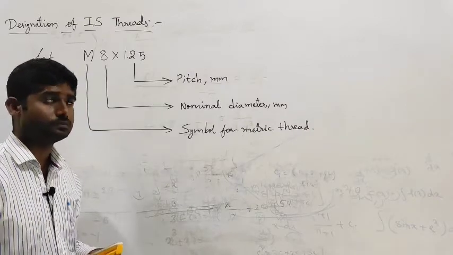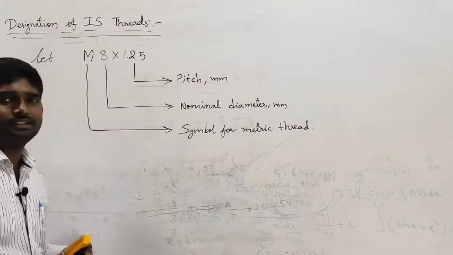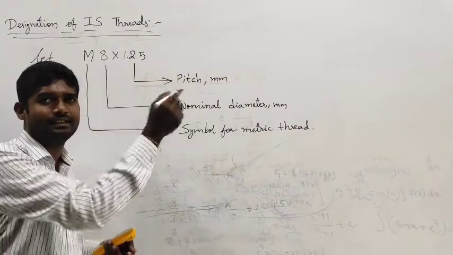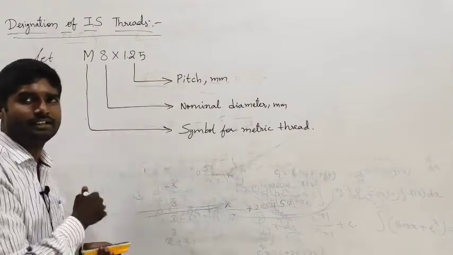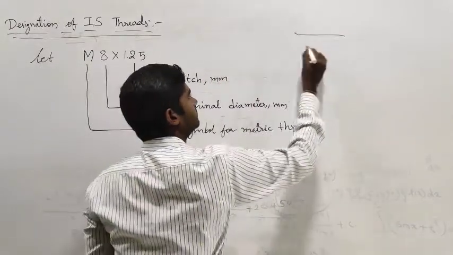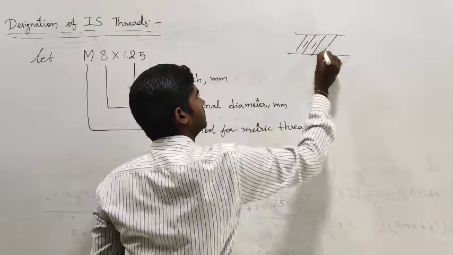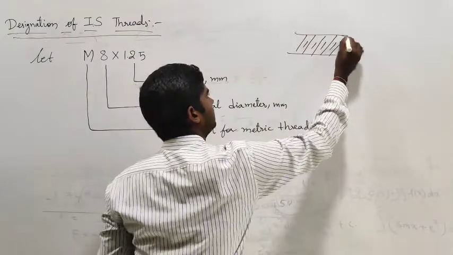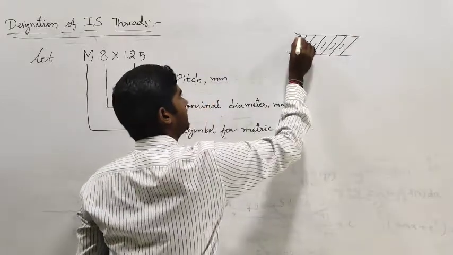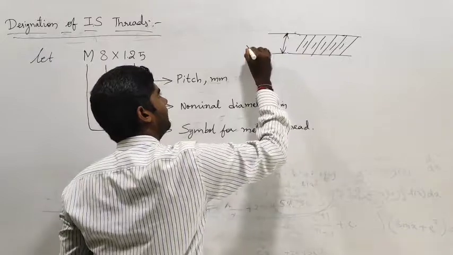Let's see the designation of IS threads, Indian standard threads. These all are Indian standard threads. Suppose there is a thread, either single start or double start, with a diameter like M8.